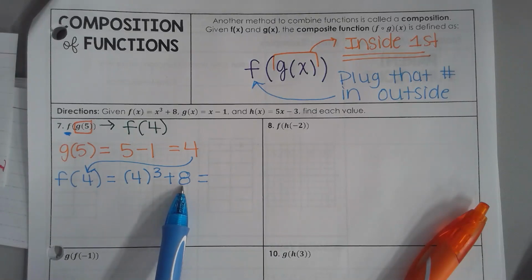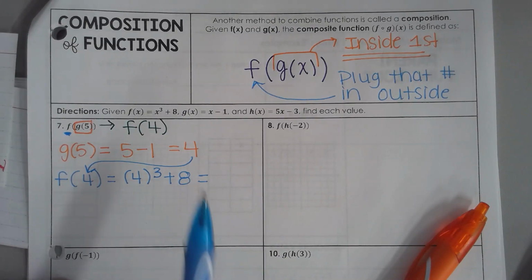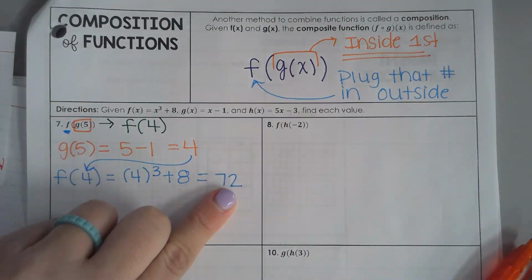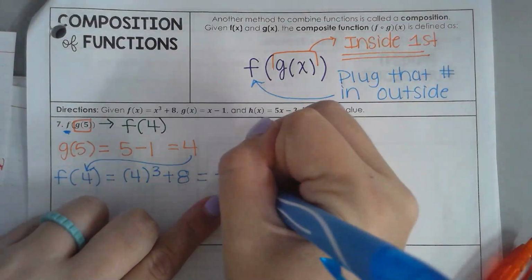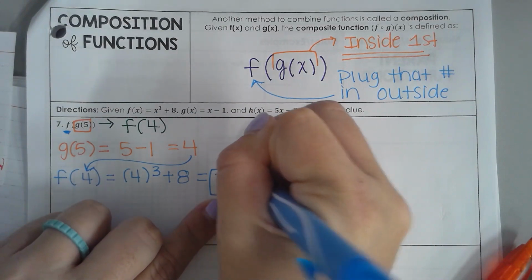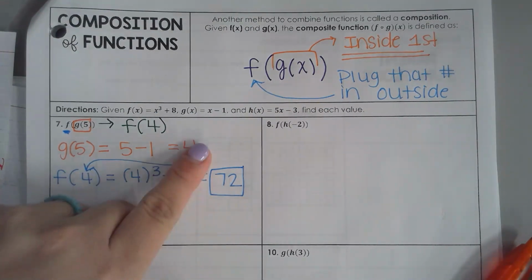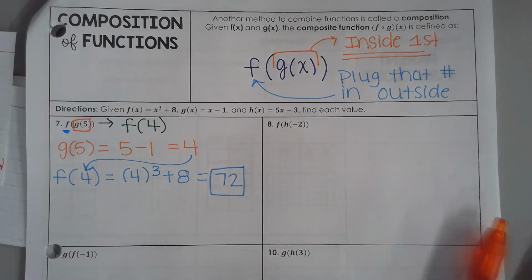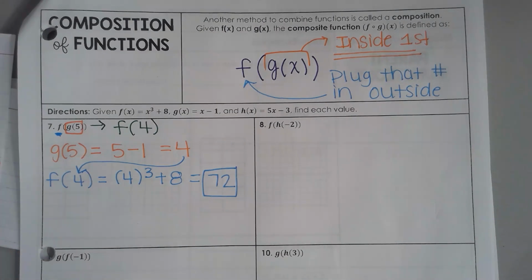Katie Lynn, do you have that? I got 72. You got 72, and that is correct. That is your final answer. Once you get that, you no longer have to do anything else with the 4. We don't add the 4. We don't multiply by the 4. 72 is our answer. And we're done. Any questions?